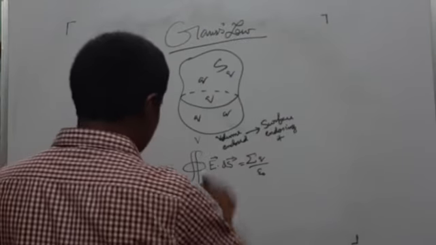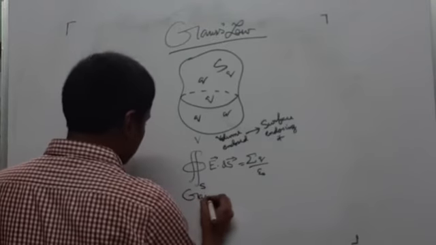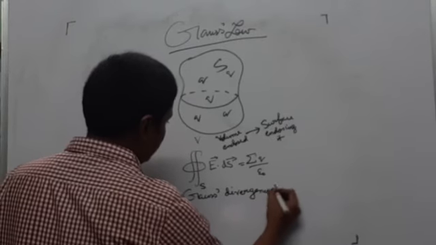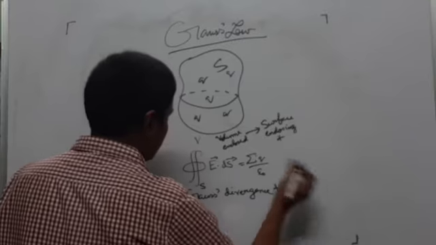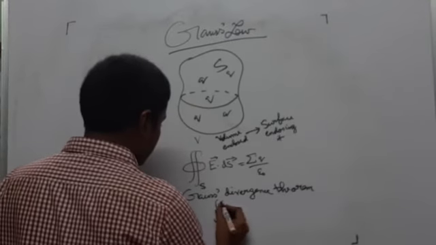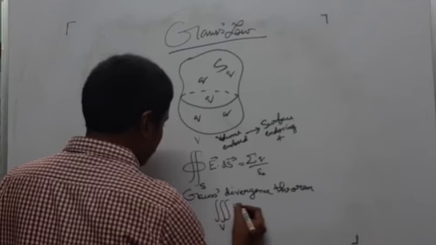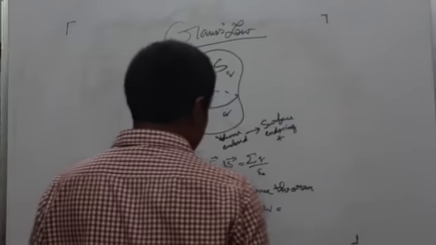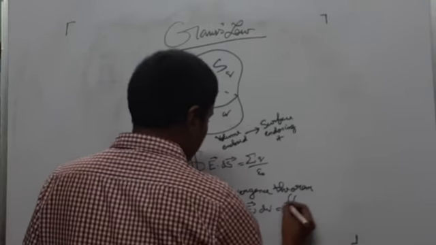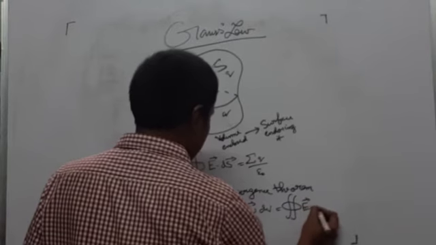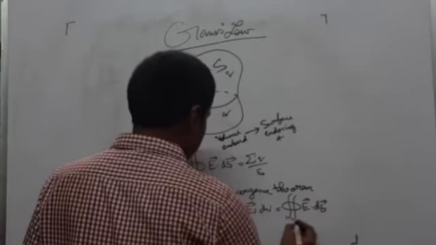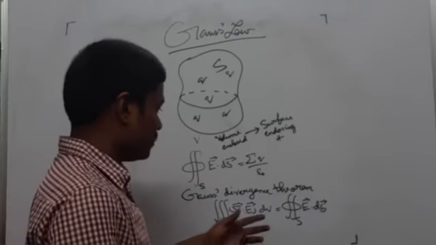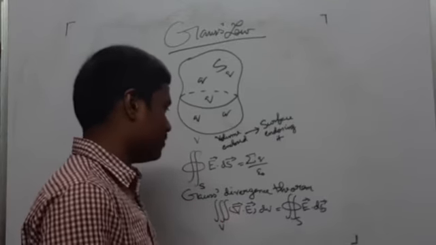I said that it has something to do with the volume enclosed. For that, of course, you need something called Gauss's divergence theorem. The divergence theorem simply says that the volume integral of the divergence of E through a volume V is equal to the closed surface integral of E, this circle implying closed surface integral, over the surface enclosing the volume.